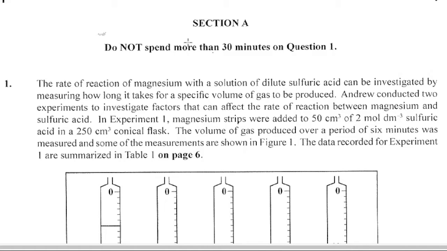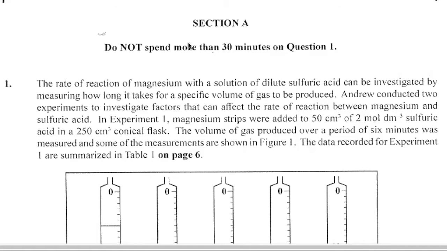Question 1. The rate of reaction of magnesium with a solution of dilute sulfuric acid can be investigated by measuring how long it takes for a specific volume of gas to be produced. Andrew conducted 2 experiments to investigate factors that can affect the rate of reaction between magnesium and sulfuric acid.